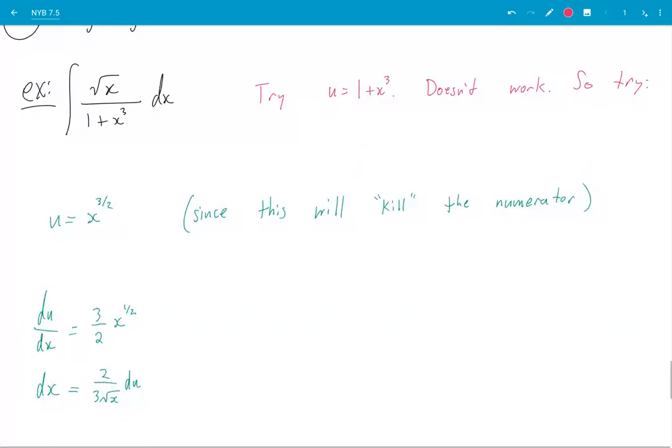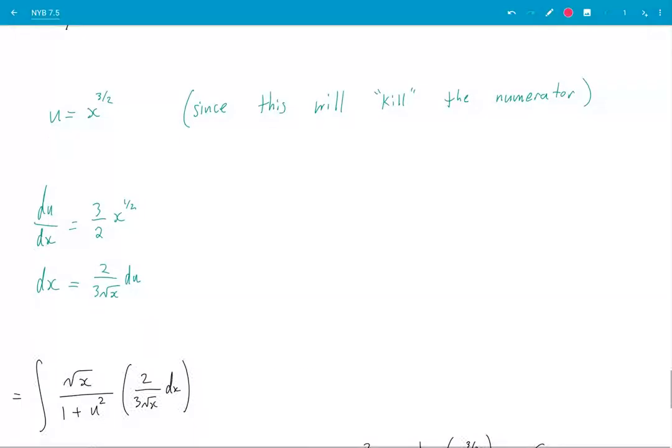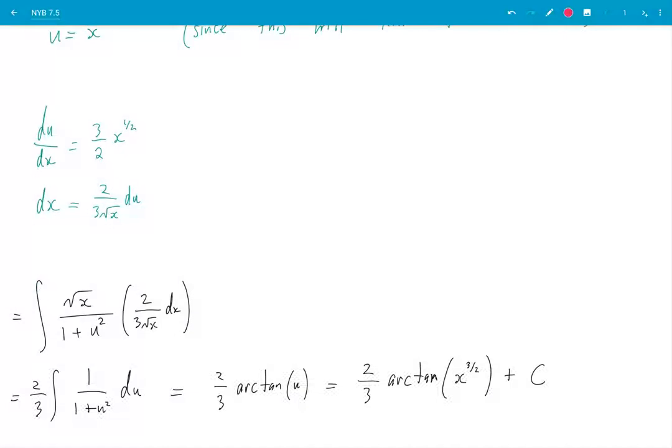Take a derivative, solve for dx. And this will work out quite nicely because we see the cancellation. Okay, pause and copy, ponder.